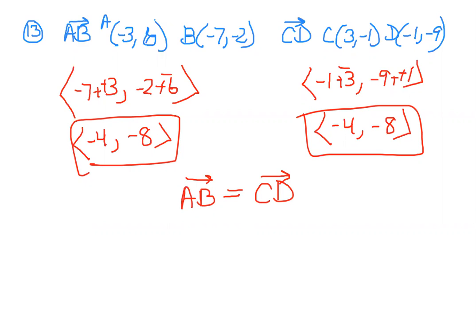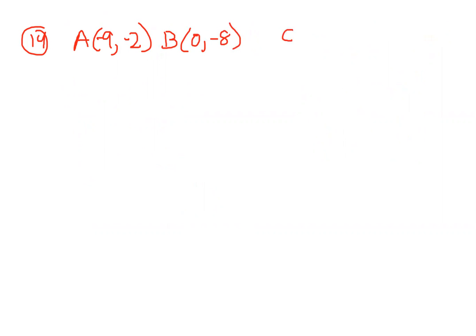Let's try number 14. We've got A is (-9, -2) and B is (0, -8). And we have C is (-5, 2) and D is (4, 8). Let's put them in component form.